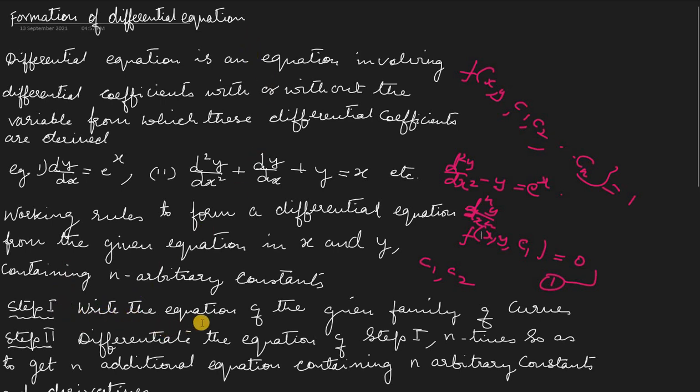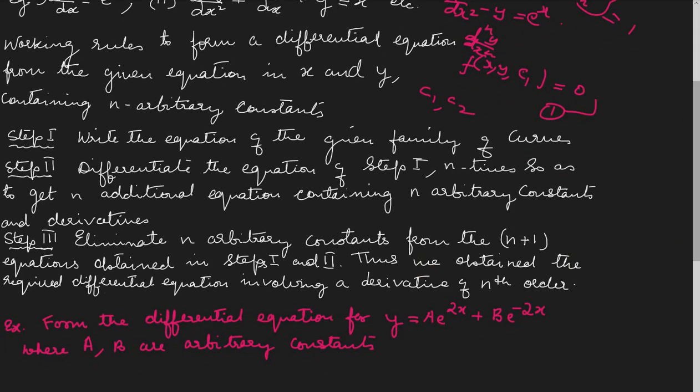So here are the working rules to form a differential equation. Step 1 is to write down the equation of the given family of curves. Step 2 is to differentiate the equation of step 1, that is the given family of curves, n times. This is the working rule for an equation involving n arbitrary constants.